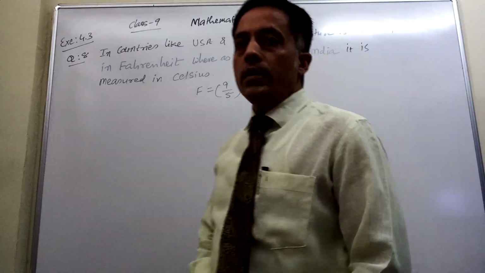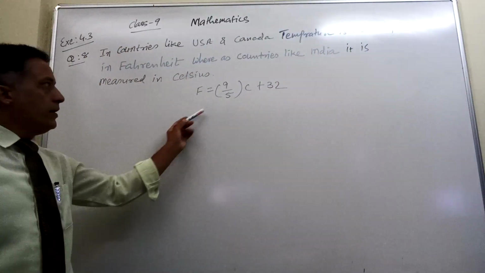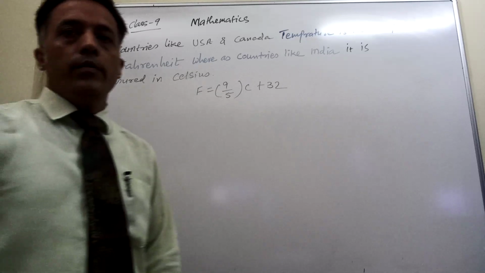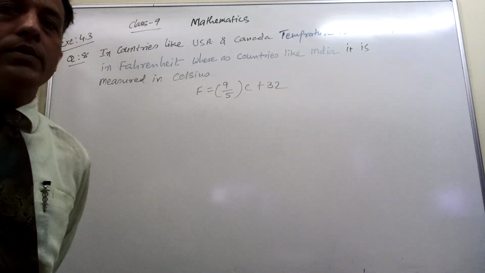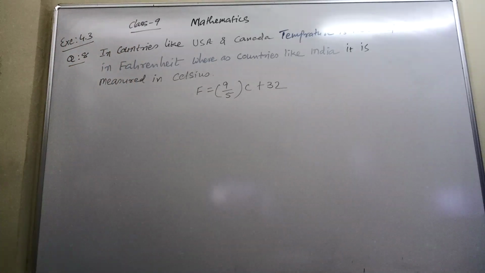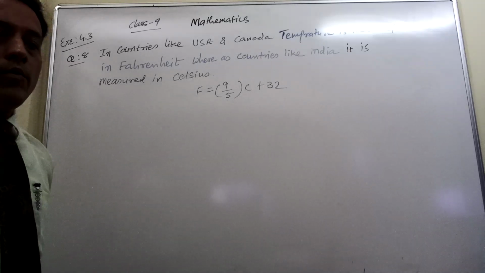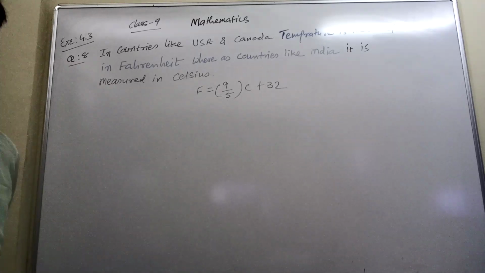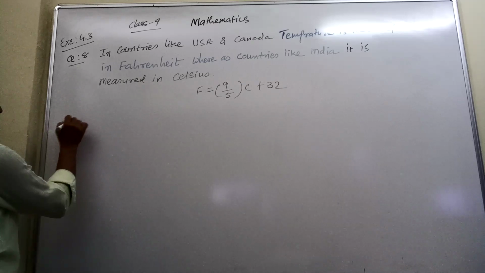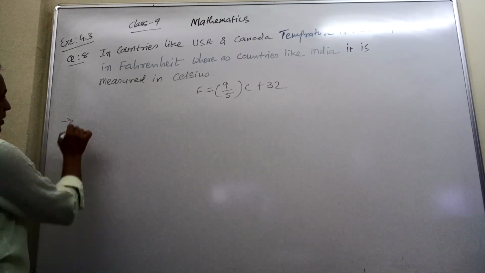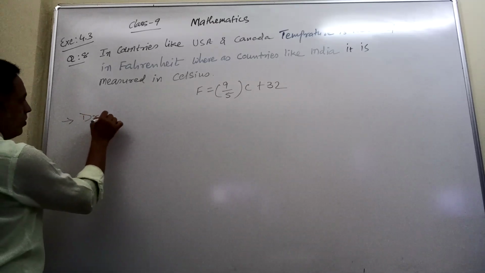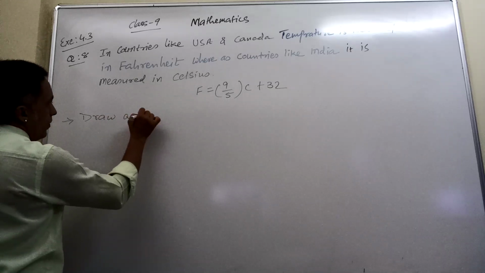The conversion equation is given: F is equal to 9 upon 5 into C plus 32. Now, certain conditions are given to us to solve this equation. My first condition is to draw a graph.